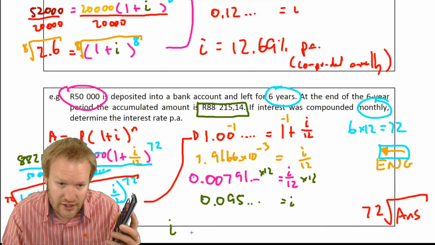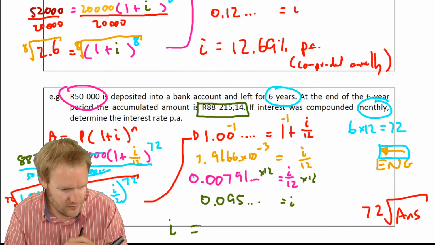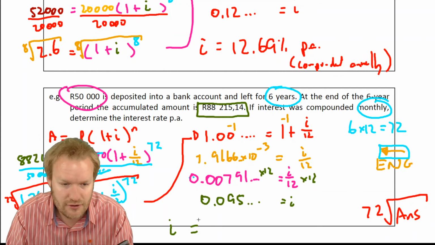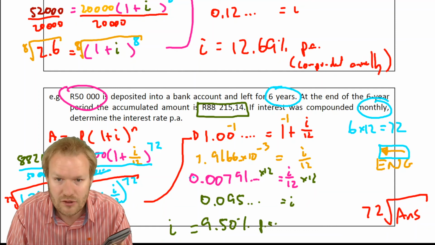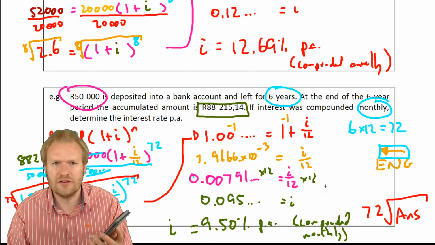So the interest rate is times 100: 9.50% per annum compounded monthly.